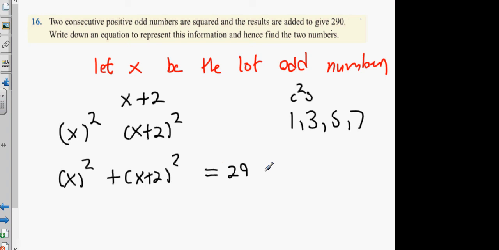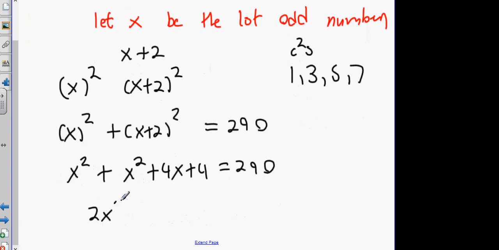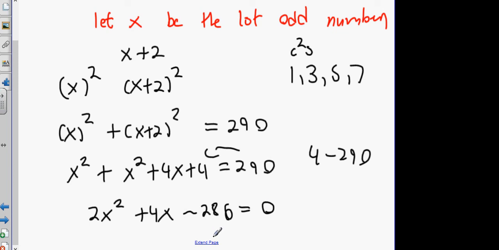So we get x squared plus, squaring this one out, x squared plus 4x plus 4 equals 290. What's going to happen next is we're going to have 2x squared plus 4x, and then 4 minus 290, which is minus 286 equals 0.